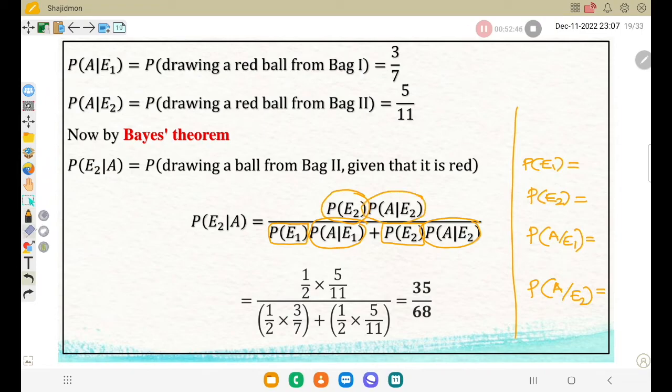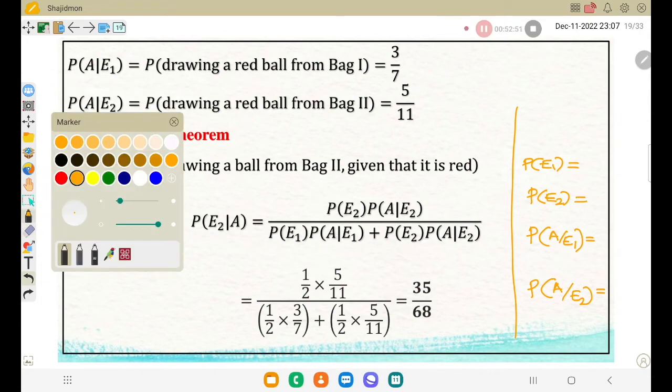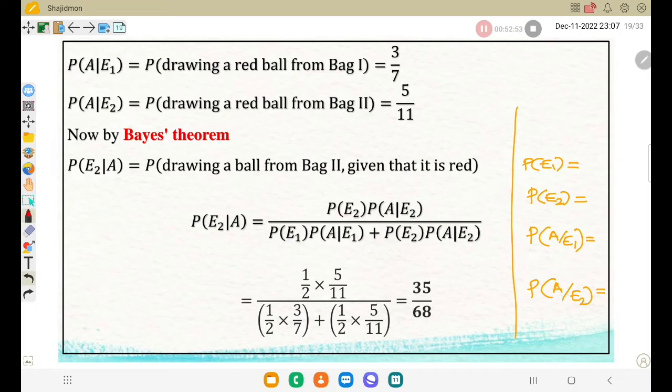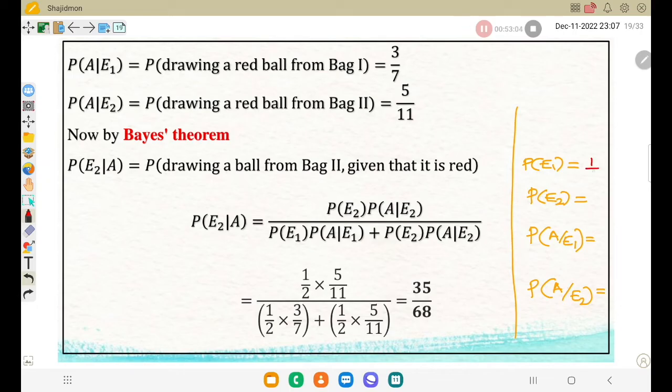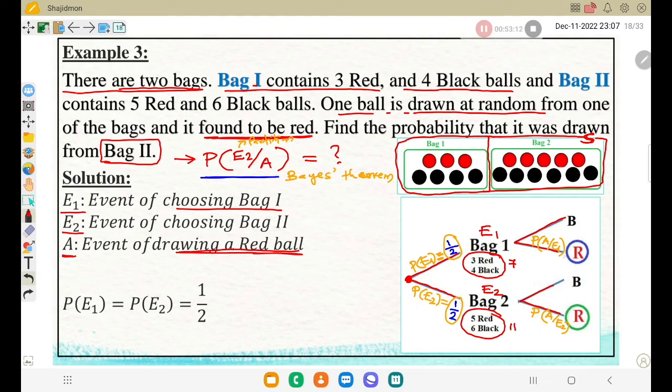So if we get these 4 terms, we can calculate the answer using Bayes theorem, correct? We go to the first one. The probability of selecting bag number 1 we already got is half, and the probability of E2 is also half. Now the probability of A given E1, what is the meaning? The probability of A means drawing a red ball, correct?